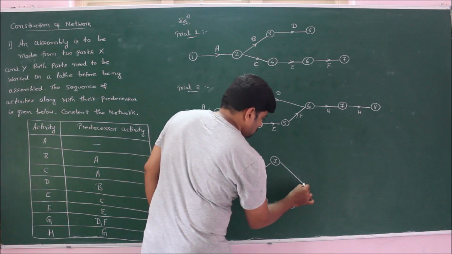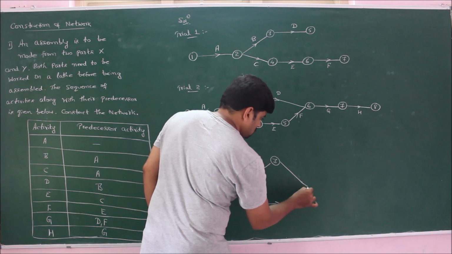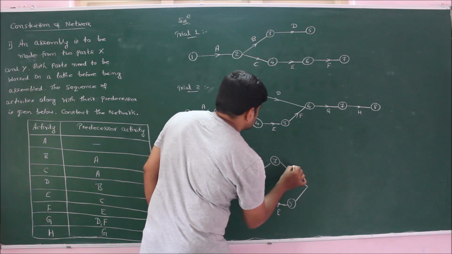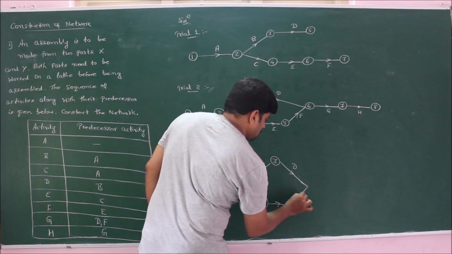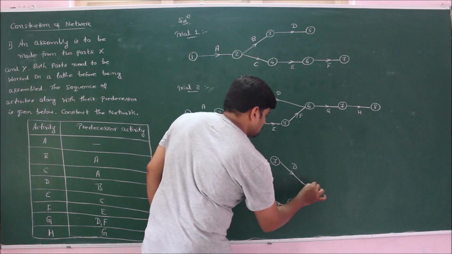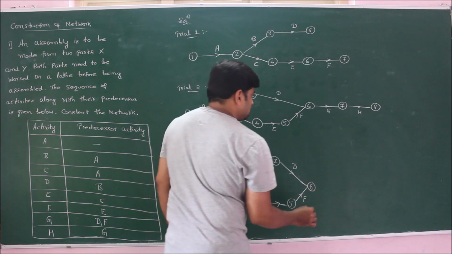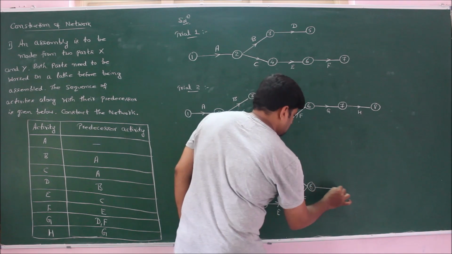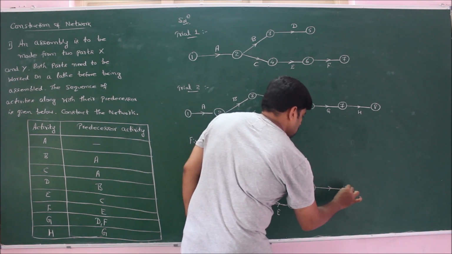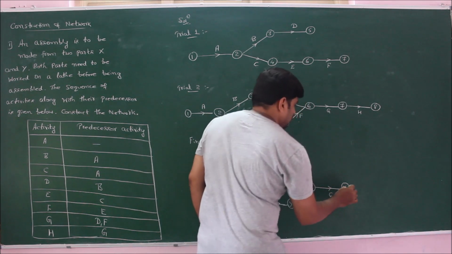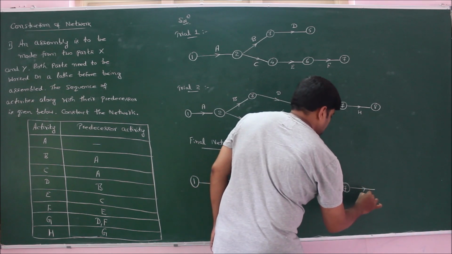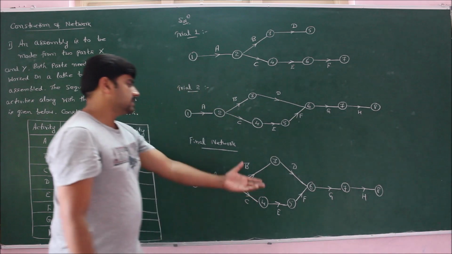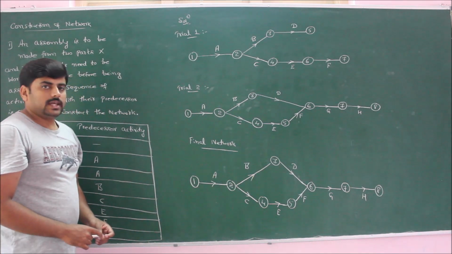Now these two will be joining for a merge event. This is activity D, and we have activity F. We have merge event 6. And next we have activity G, and finally we have activity H. So this completes the network for the given problem.